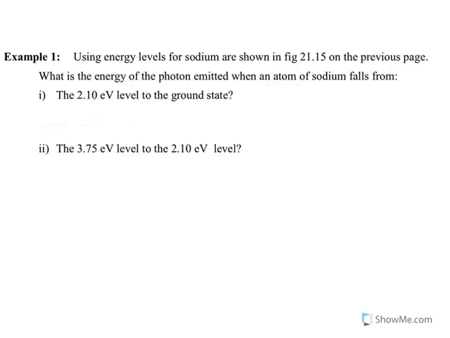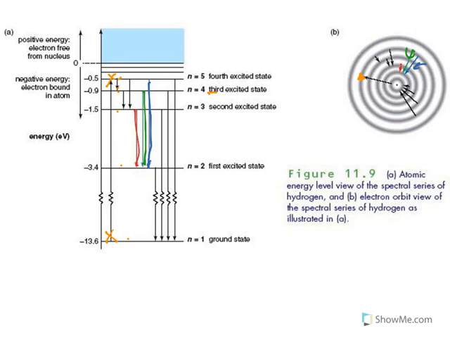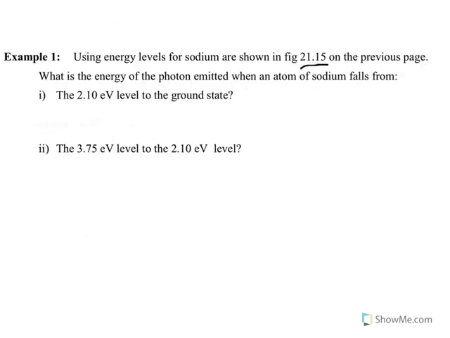Okay, first example. It says, looking at figure 21.15, so it's back a couple of pages. Alright, so it's this one on the end. And it says, what is the energy of a photon emitted when an atom of sodium falls from the 2.1 eV level to the ground state?